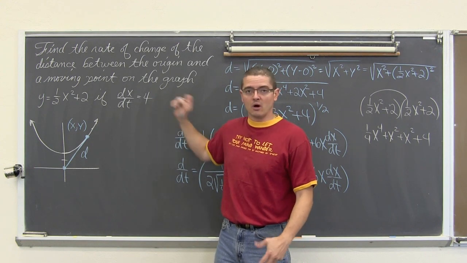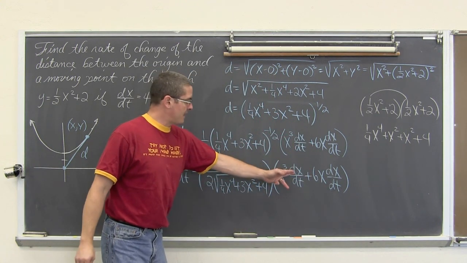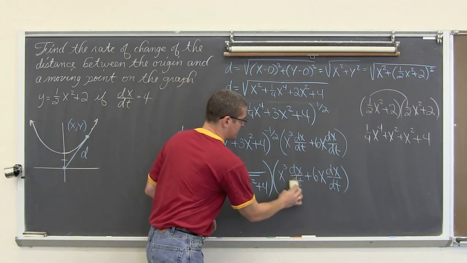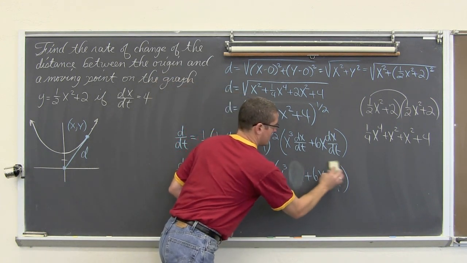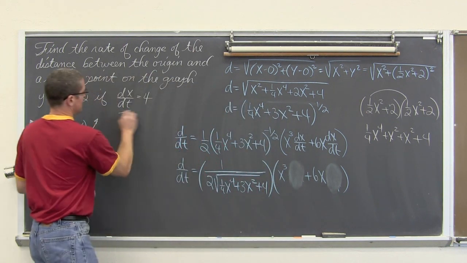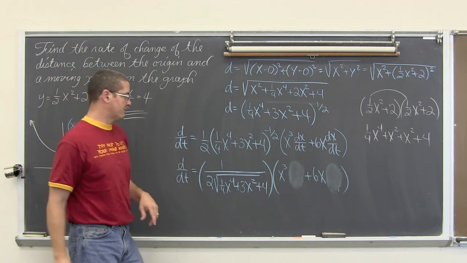We've got a lot of variables going on here, but we know what dx/dt is. It's equal to 4. So I can take these values out, and I'm going to erase this because I'm running out of room here. We're going to take out the dx/dt and plug in what it's equal to, which is 4.